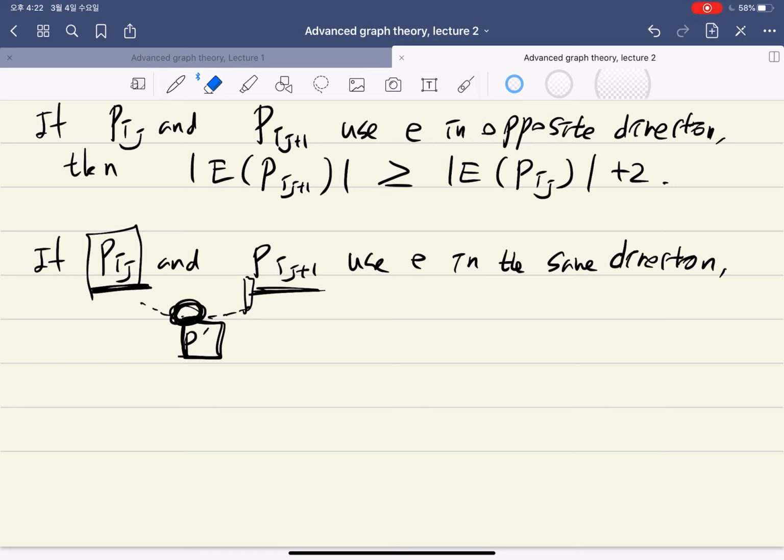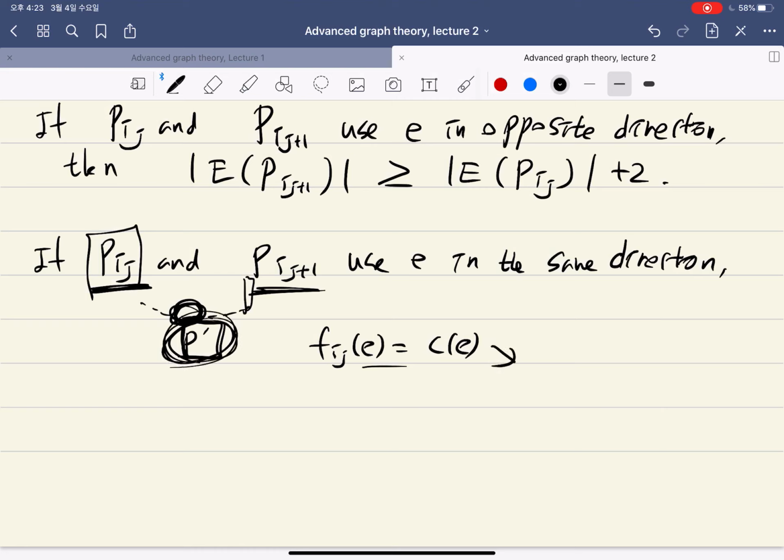But when this flow of E is already, say, full, and then we make further changes on this value when we augment by this P prime, then this has to go down. And in the other case, if this was 0, then in other changes, this has to go up.